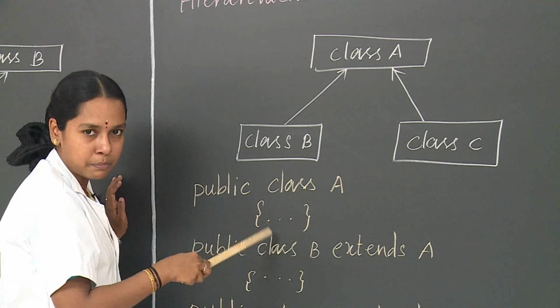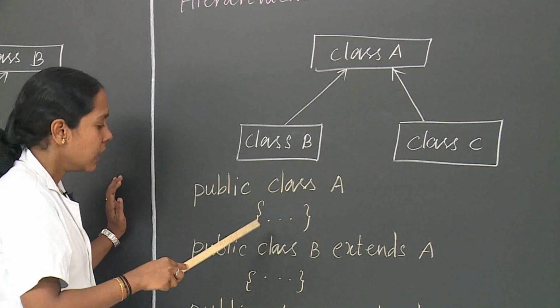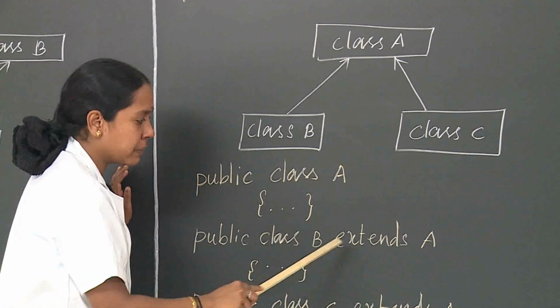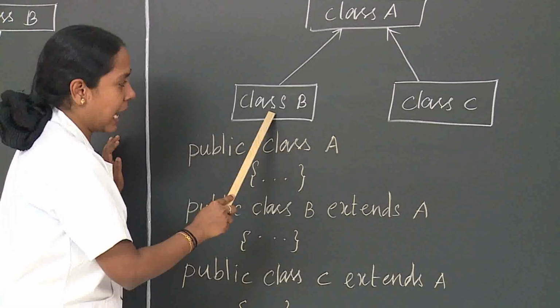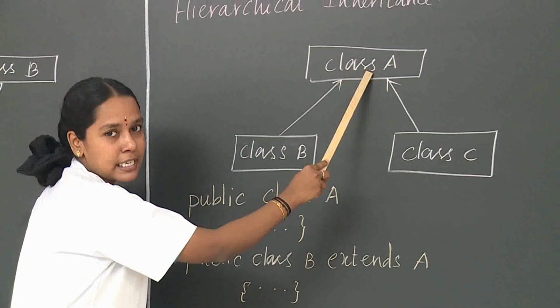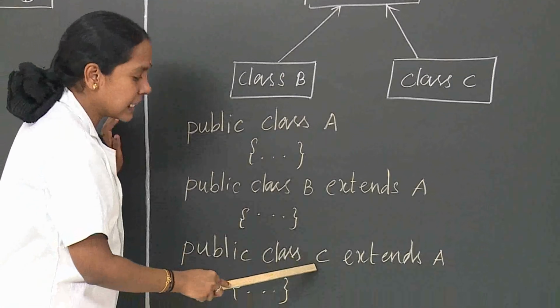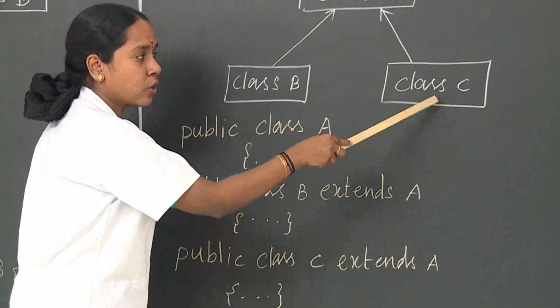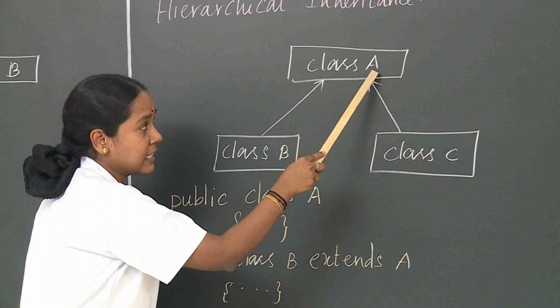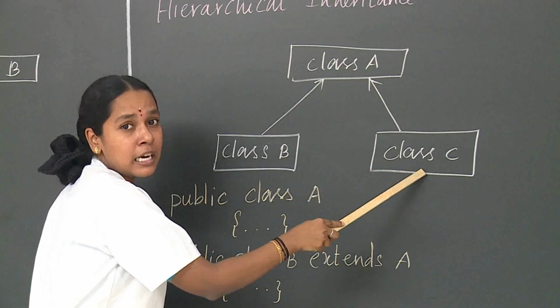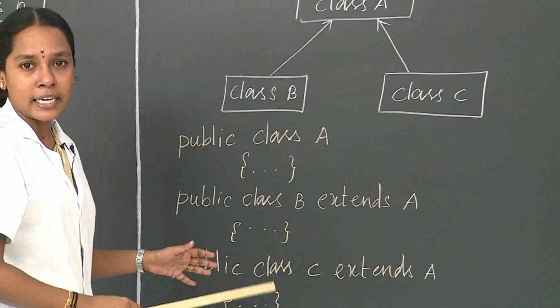Here I am using some functions. Okay. And class B extends class A, so class A's properties are used in class B, and class C extends class A, so class A's properties are also in class C. That is called hierarchical inheritance.